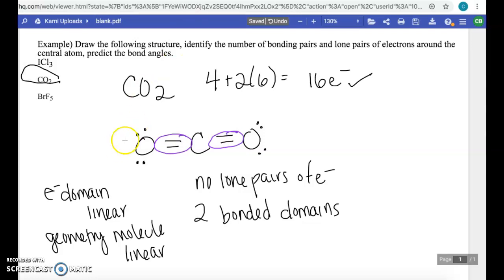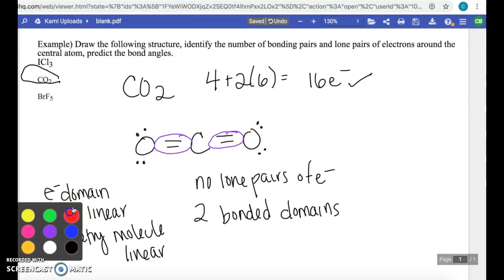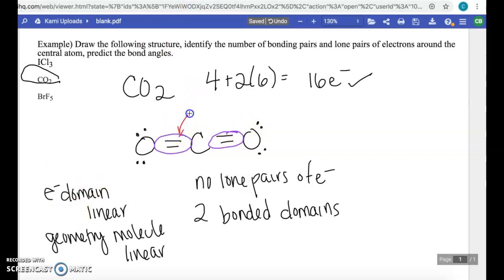So this is called a linear molecule. This is why I drew it in a line. When you have a linear molecule, it should have the shape of a line, and our bond angle reflects that linear nature of having a 180-degree angle. This is the type of information you're going to have to be able to answer about a molecule.